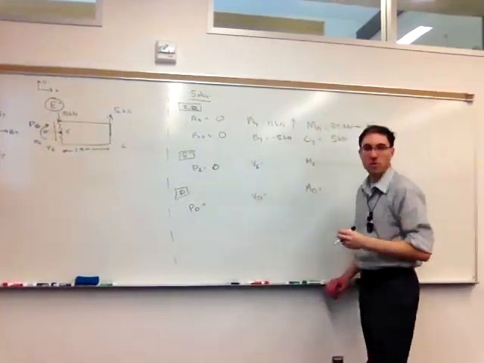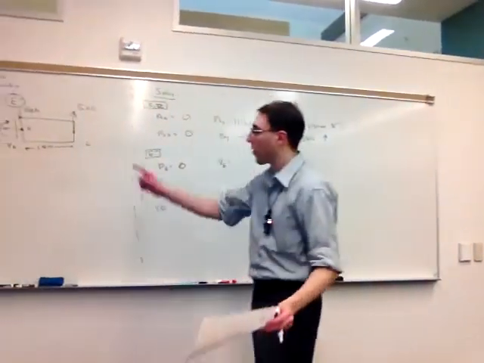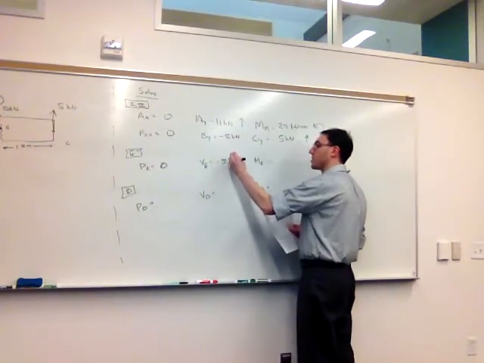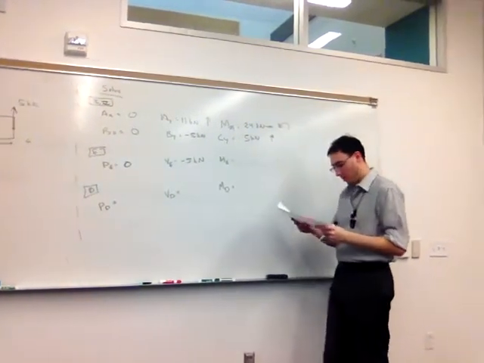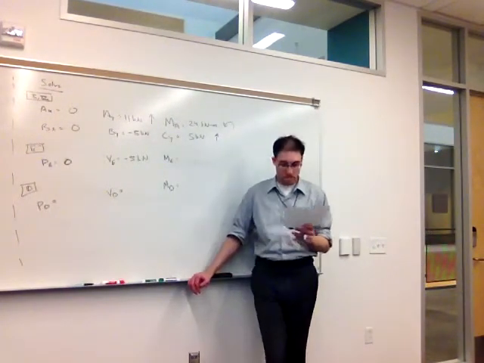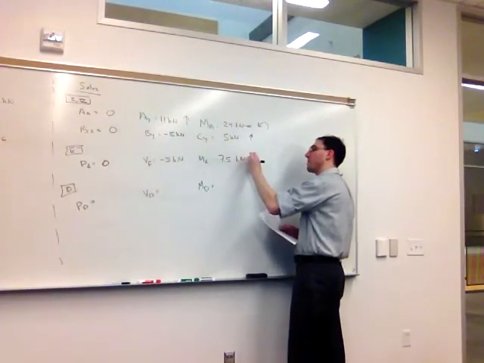The internal shear force: according to V sub E down, you get negative 5 kilonewtons. And the internal bending moment at point E is 7.5 kilonewton meters positive.